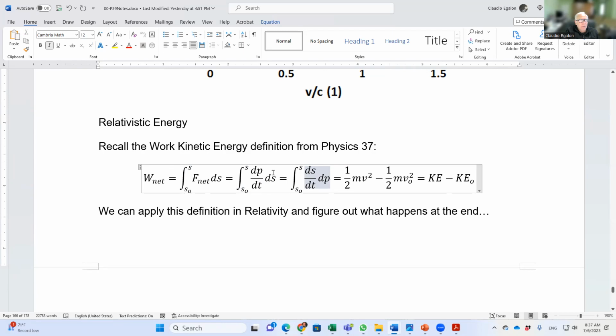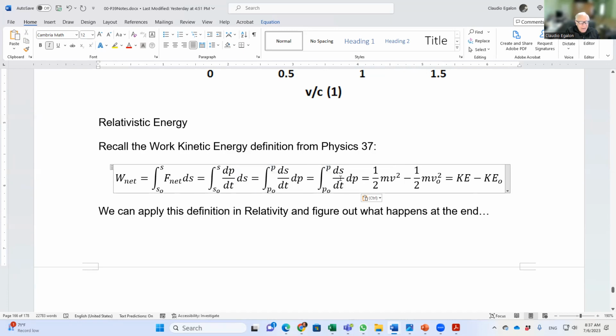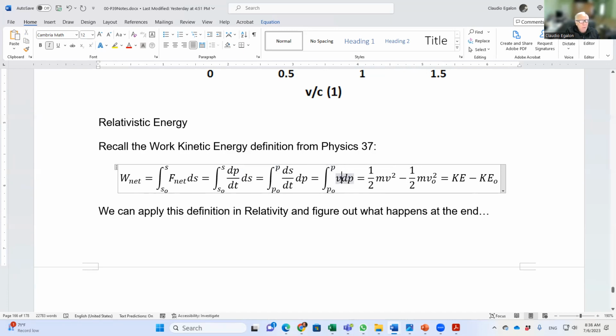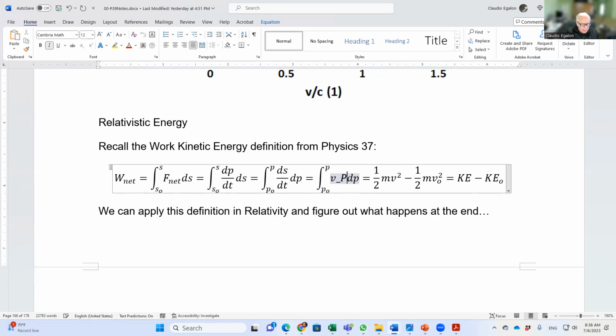I can put the dt divided by ds. Now that we're integrating in terms of dp, the limits of the integration are going to be p naught to p, right? Here becomes v. And by the way, this v is going to be the velocity of a particle P with respect to A.